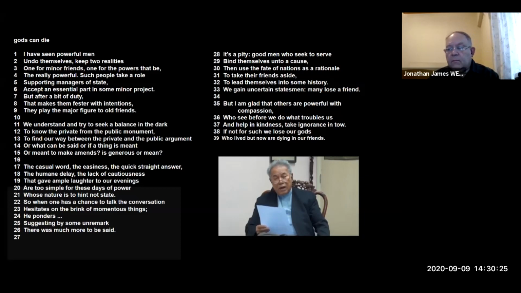But after a bit of duty that makes them fester with intentions, they play the major figure to old friends. We understand and try to seek a balance in the dark, to know the private from the public monument, to find our way between the private and the public argument, or what can be said, or if a thing is meant, or meant to make amends, is generous or mean.